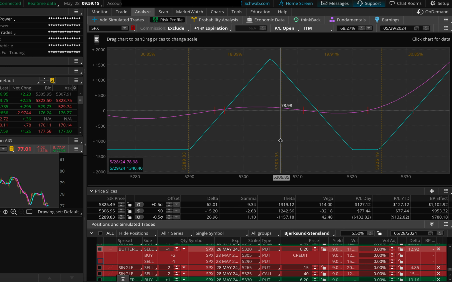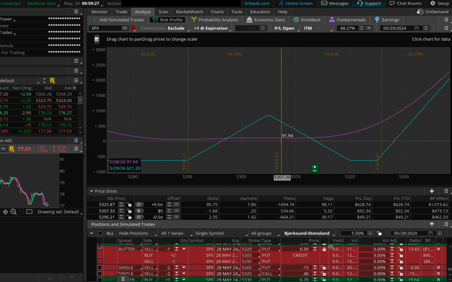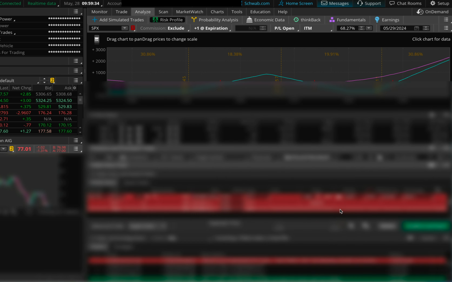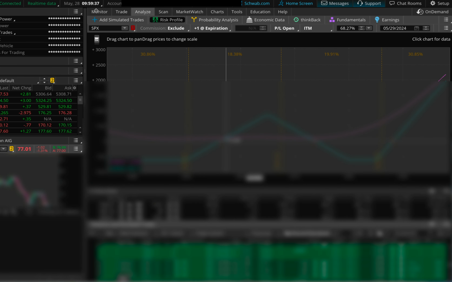There's 80. So let's see if I just tick this up. I'll click on this one butterfly, tick this up to 650. I'm going to put this order in at 660 just to see if we get lucky on one of these bounces.